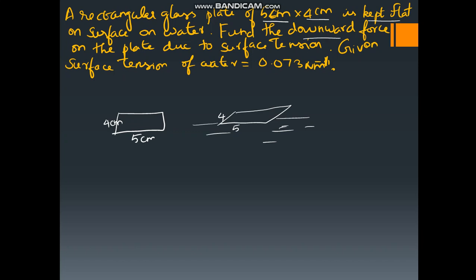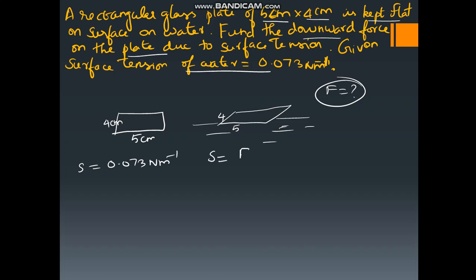Find the downward force. So force you want to find, and surface tension is given. Surface tension is 0.073 N m power minus 1. I have given a formula that surface tension is force divided by total length or perimeter of the surface in contact.